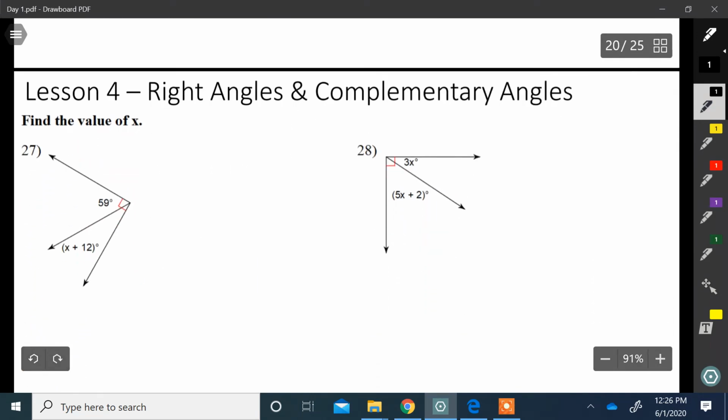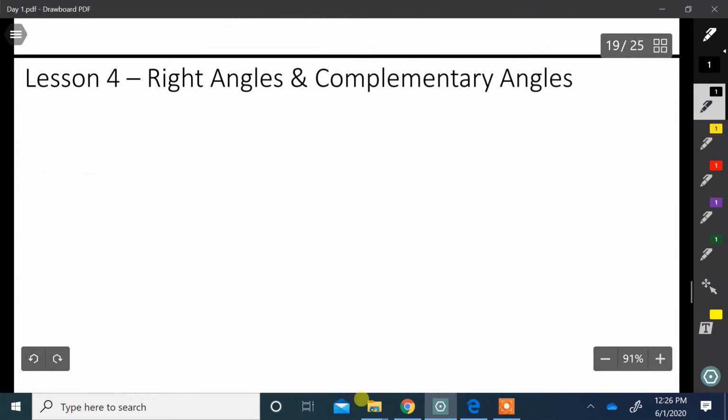Alright, let's talk about right angles. Right angles, as all of you know, is when you have a 90-degree angle. That kind of looks like this. So this right here is 90 degrees.